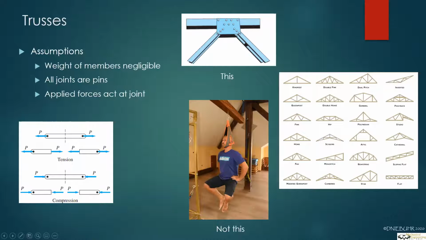So here we have, if we look at an individual member, P is in tension or in compression. A way to think about that is, imagine you take a pencil and you put it in between your hands. Now, if you push in on your hands, you'll notice what the pencil is doing.